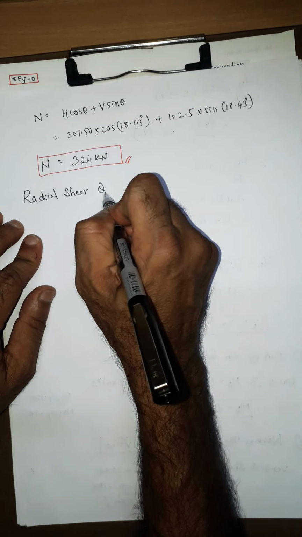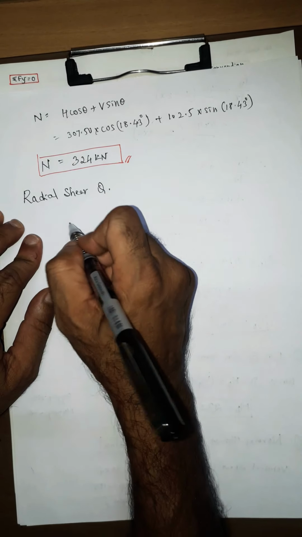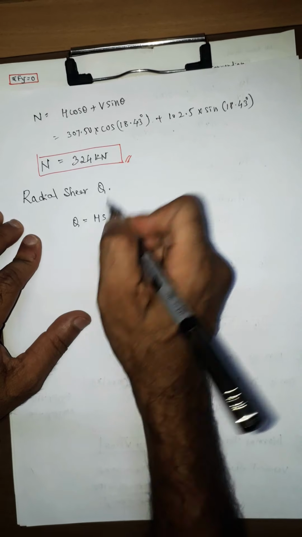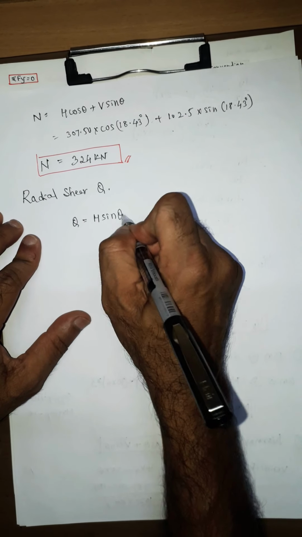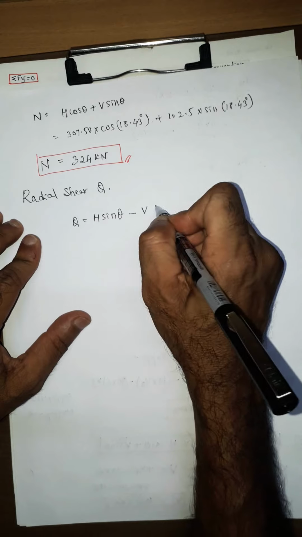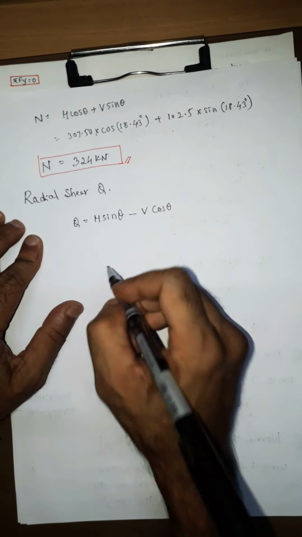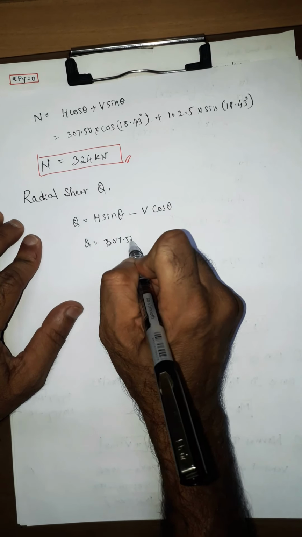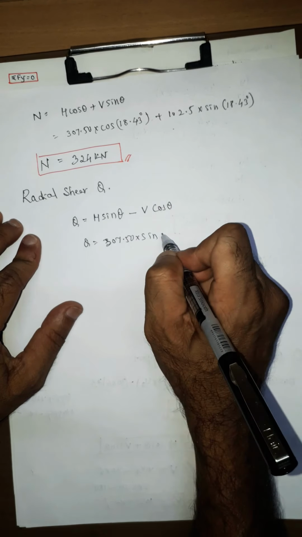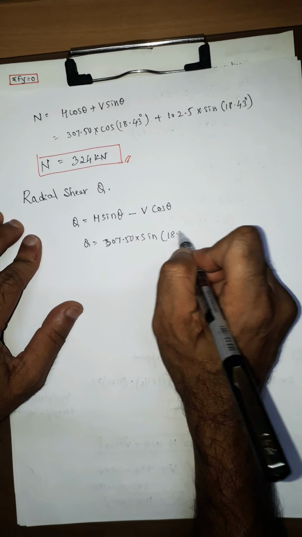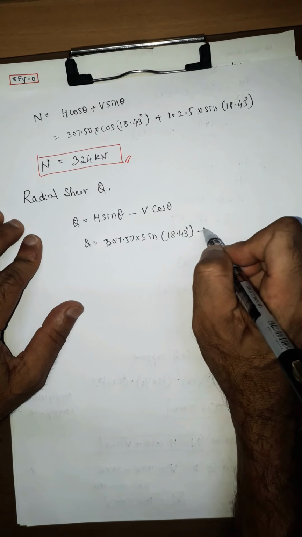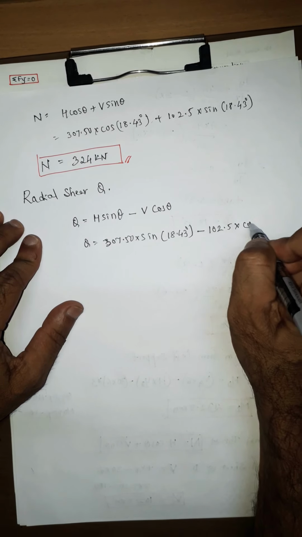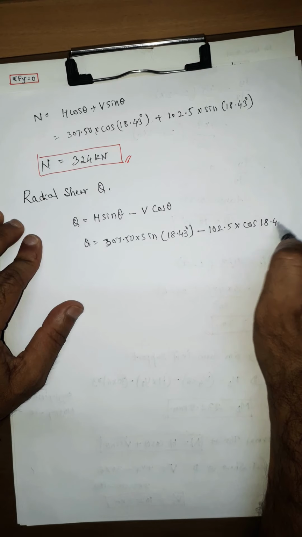Similarly, we can find out radial shear. This is denoted by Q. We know that radial shear Q is equal to H sin theta, but it is minus here, minus V cos theta. So Q is equal to 307.50 into sine of 18.43 minus V, which is 102.5, into cos of 18.43.